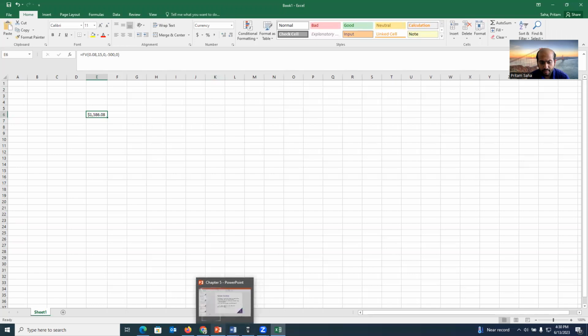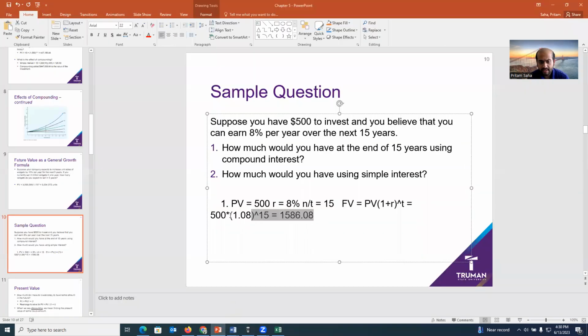Now let's go back to the slides and do how much you should have using simple interest. So simple interest means we are talking about problem 2. We have some information, okay? So we have changed the formula.